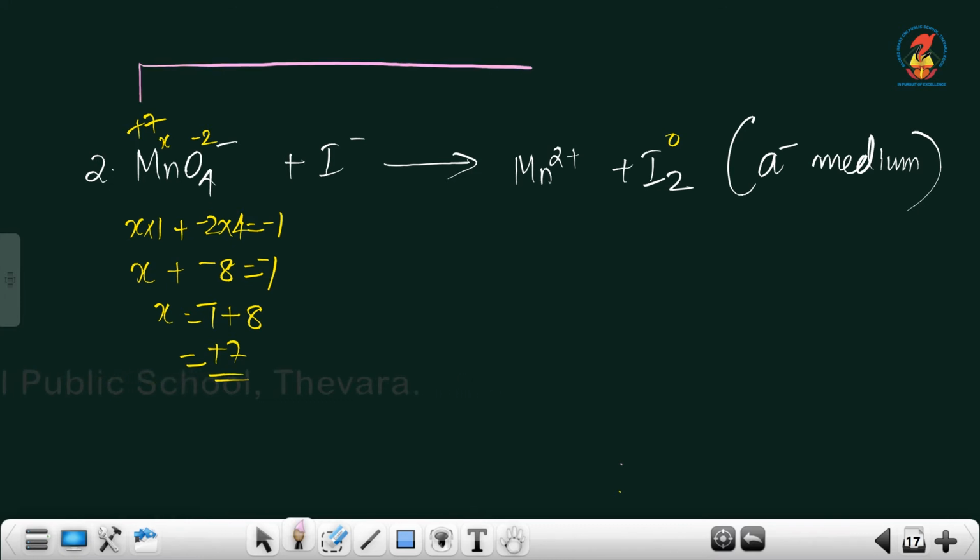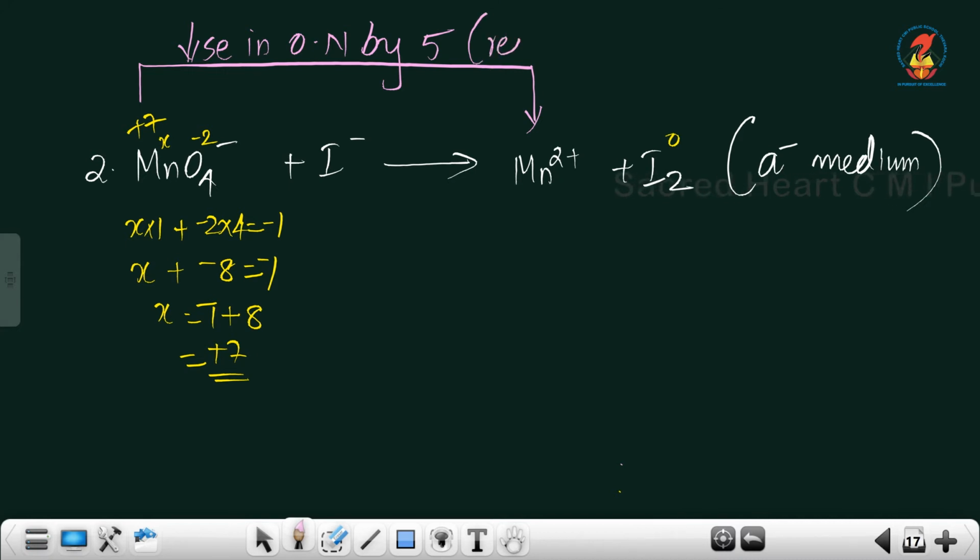Manganese goes from +7 to +2, which means a decrease in oxidation number by 5, isn't it? So there is a decrease by 5, so it is a reduction.